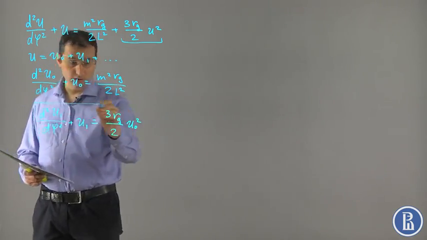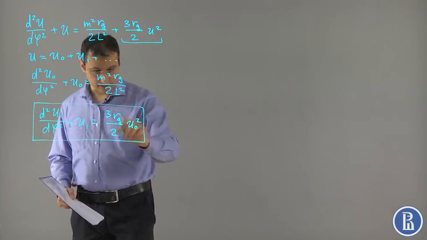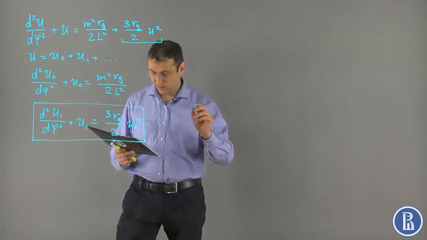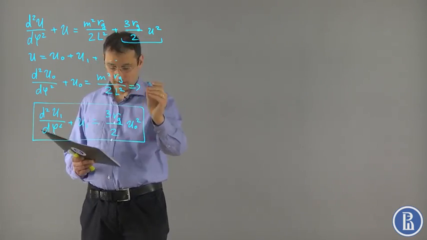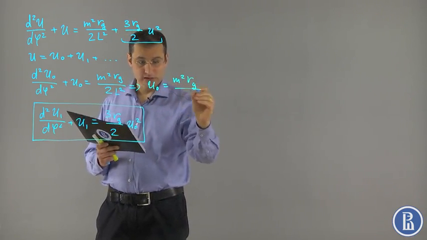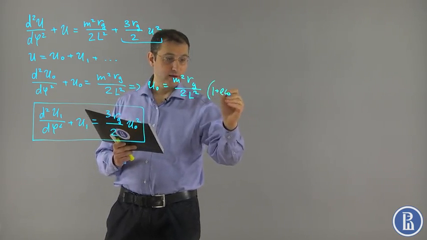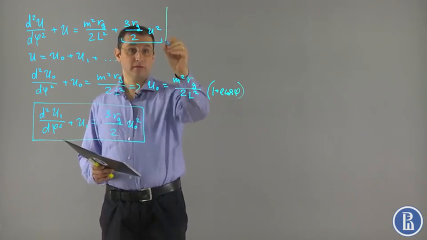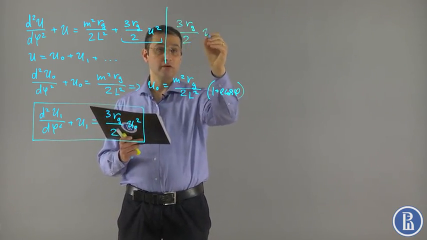So we want to look for the solution of this equation when this is considered as an external source, and we want to find the biggest solution. The solution for u0 is u0 equal to m squared rg divided by 2l squared times 1 plus e cosine phi. Having this, let us look at this term, 3rg over 2 u0 squared.